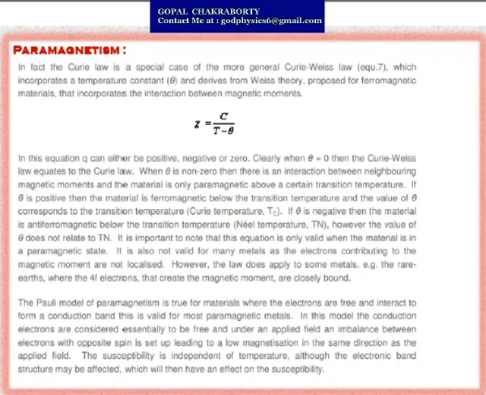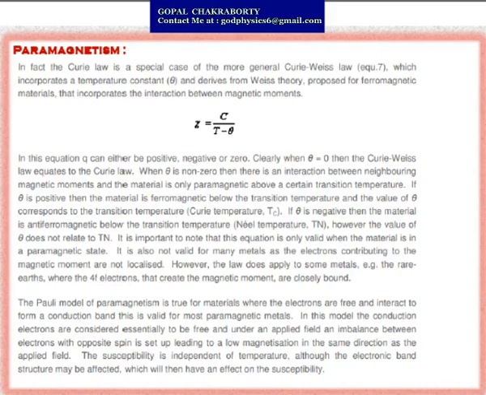It is important to note that this equation is only valid when the material is in the paramagnetic state. It is also not valid for many materials, such as metals, as the electrons contributing to the magnetic moments are too localized.